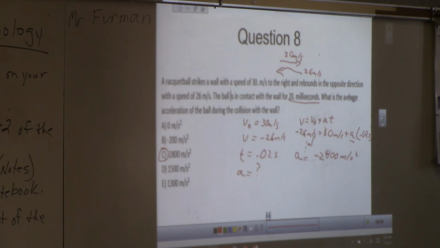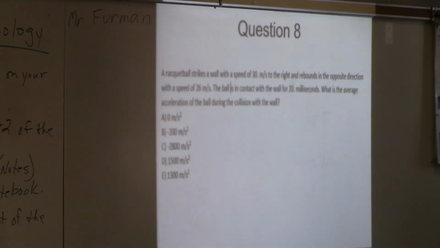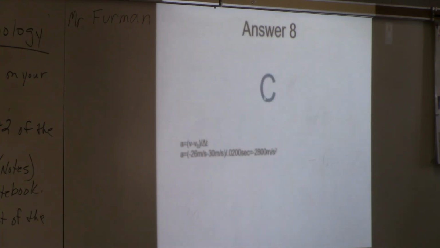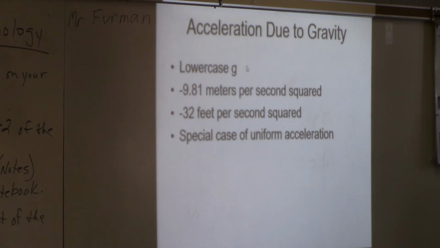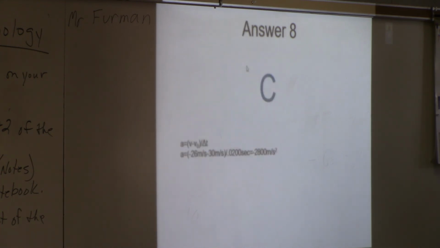Anybody need to see that? So they solve for a. Acceleration is delta v over delta t, final velocity negative 26 minus 30, divided by 0.02.